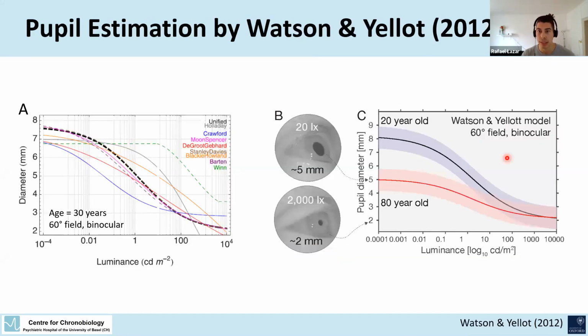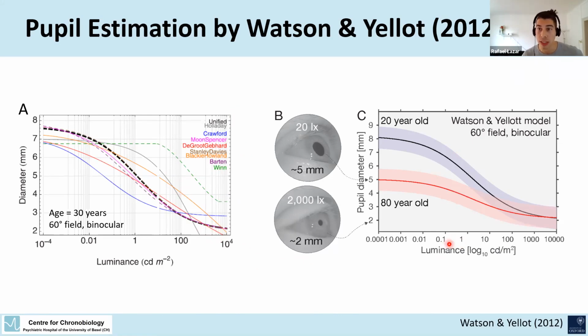This has also been looked at in the research of Watson and Yellott, who had a very meta-analytic approach to looking at pupil size. They derived a unified model from looking at 8 extant studies and estimating pupil size from this data.